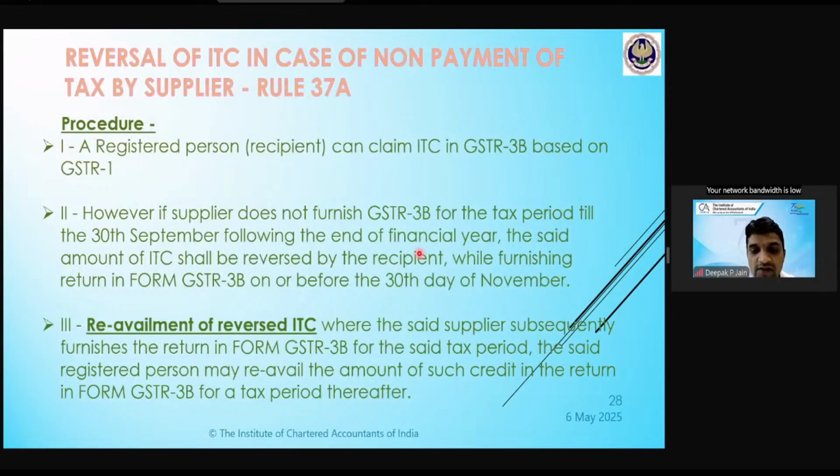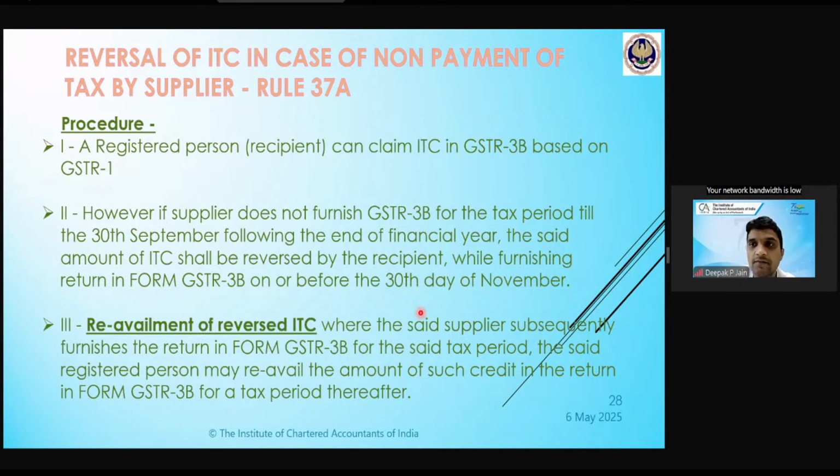Any more doubts in these 6 pointers? 3B is to be filed by 20th.